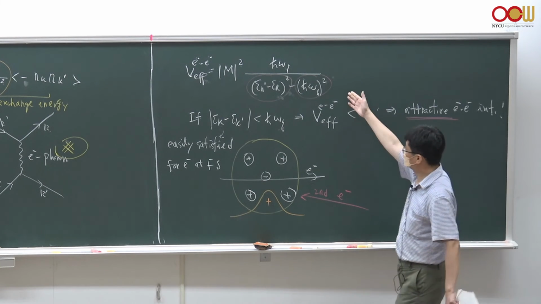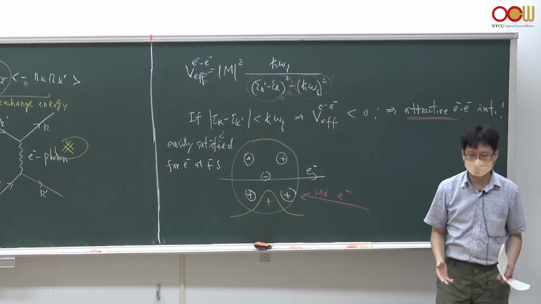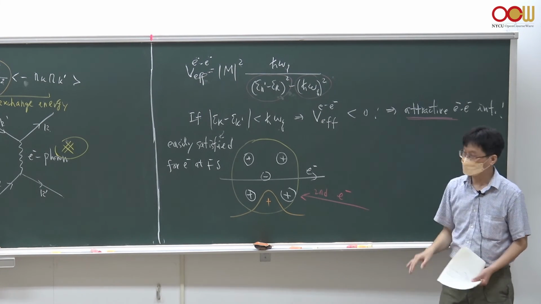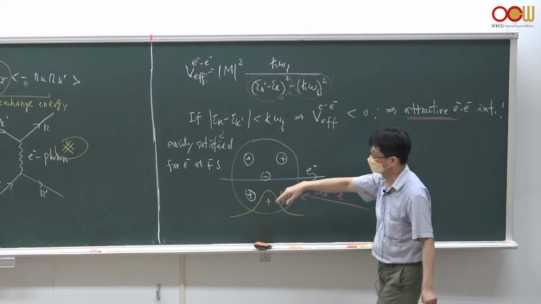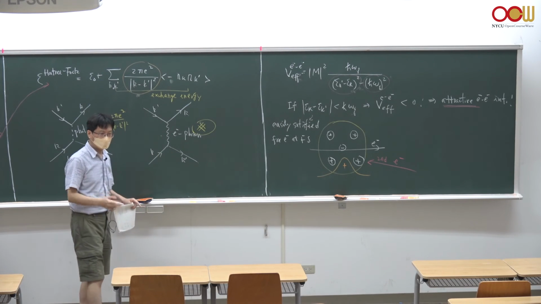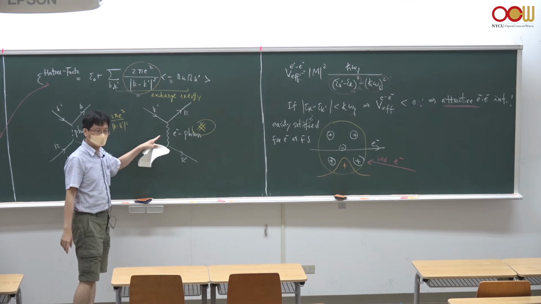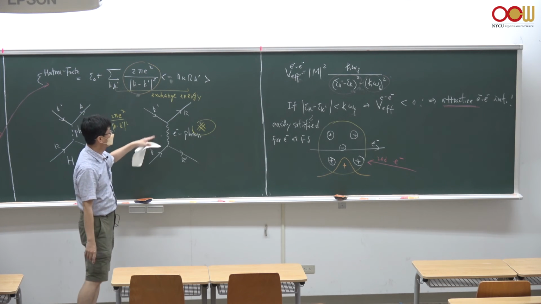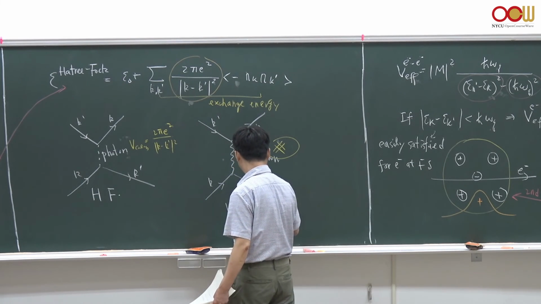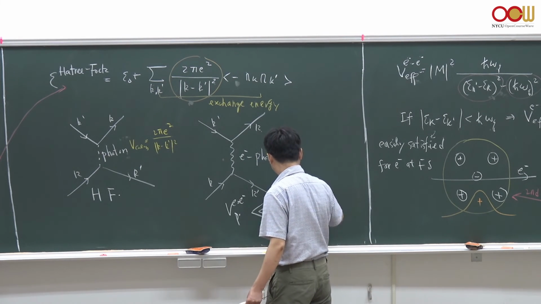So in this electron-phonon coupled system, two electrons could be attractive to each other. And this attractive potential could overcome the Coulomb repulsive potential. Okay, so we will analyze this further in the next lecture: in this electron-phonon coupled system, this effective electron-electron interaction due to phonons is more negative than the electron-electron Coulomb repulsion.